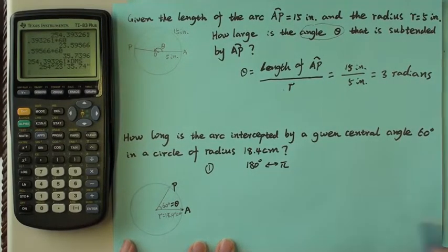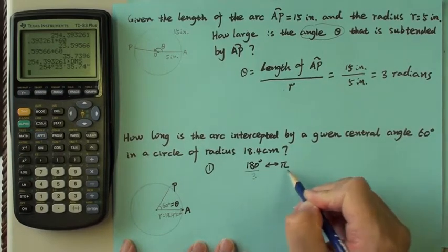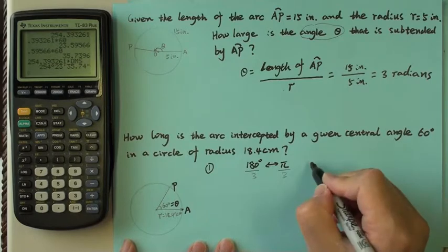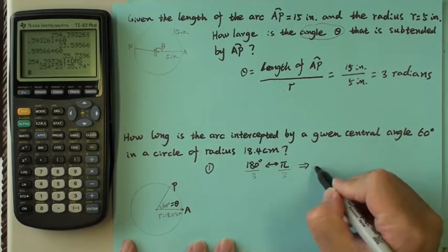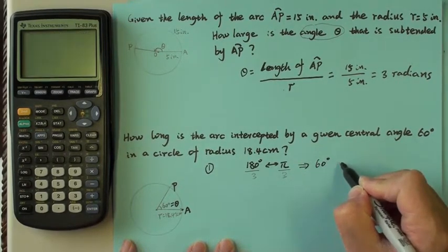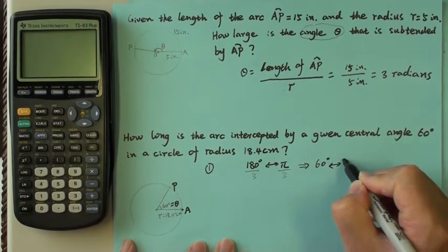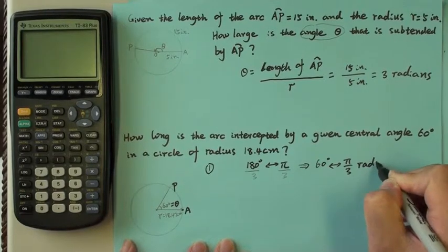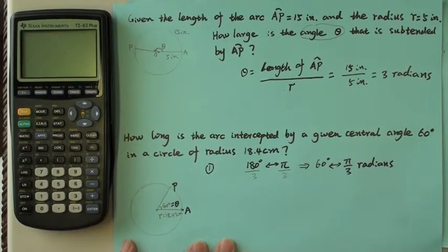If both sides are divided by 3, then we know that 60 degrees corresponds to pi over 3 radians. That's the one thing we want to be clear.